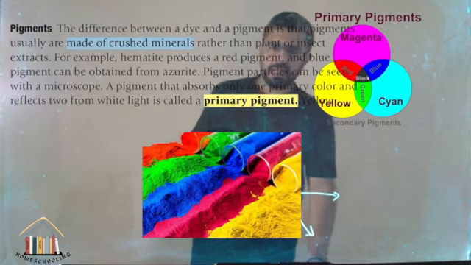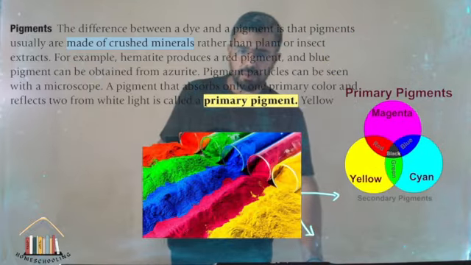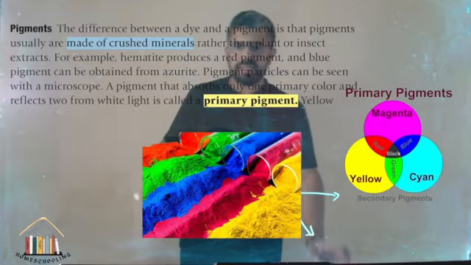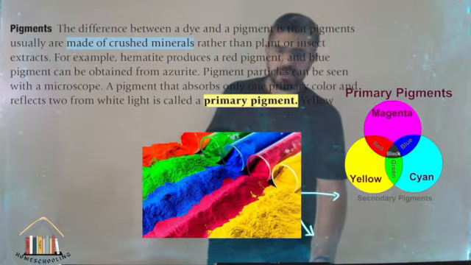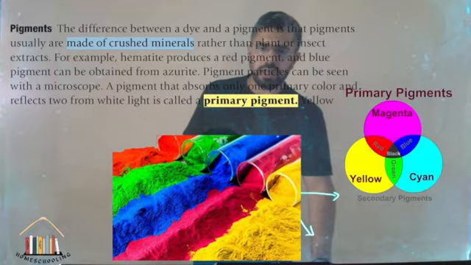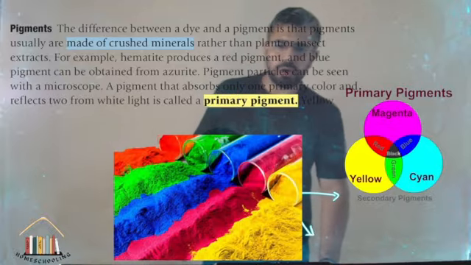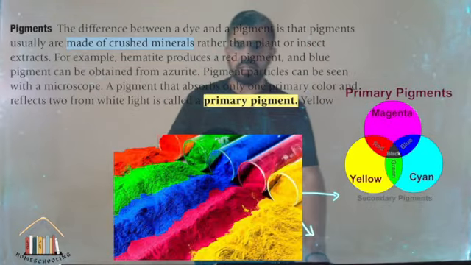Pigments now. Pigments are different than dyes because they are about crushed materials. The difference between a dye and a pigment is that a pigment is usually made of crushed minerals. As you see here in the picture, it's like powder. It's also used to add colors to some clothes or objects, rather than plants or insects.